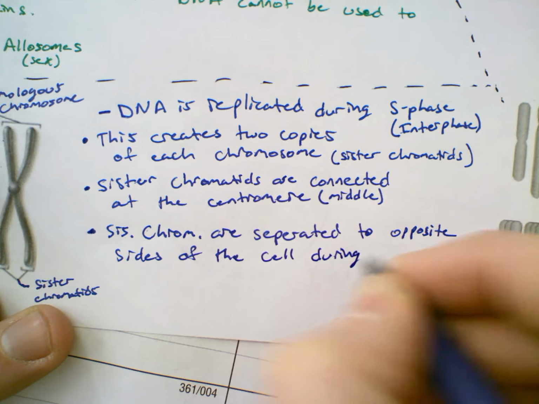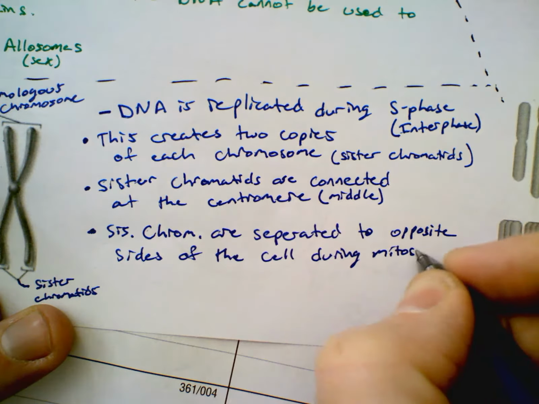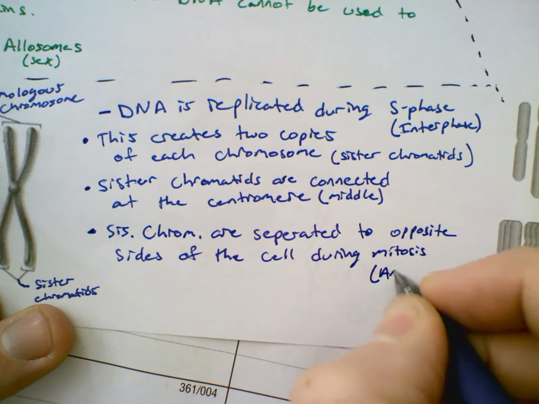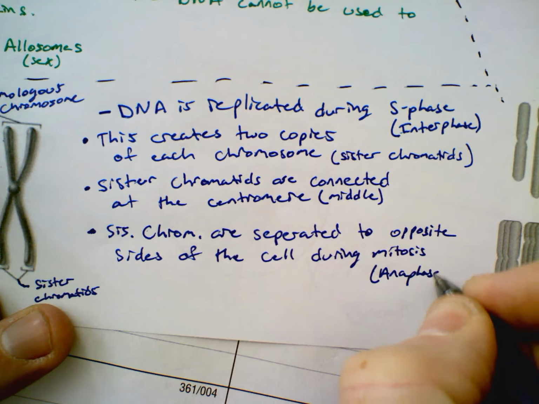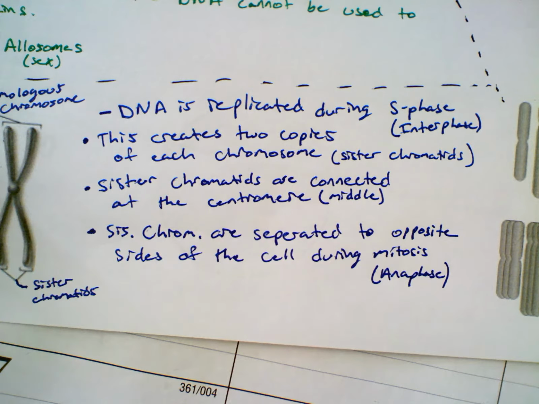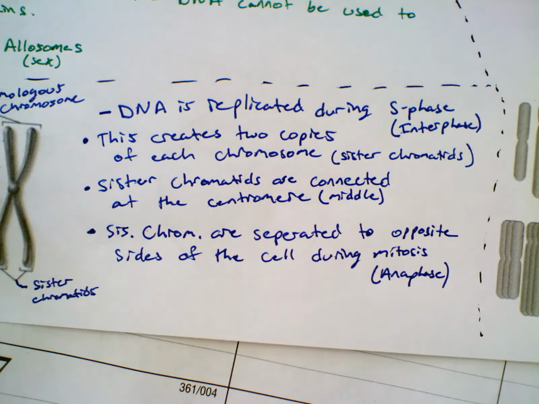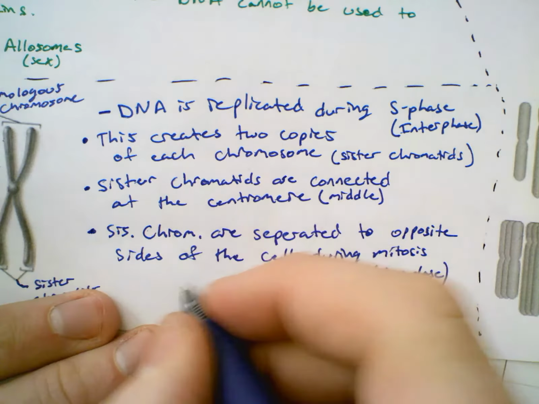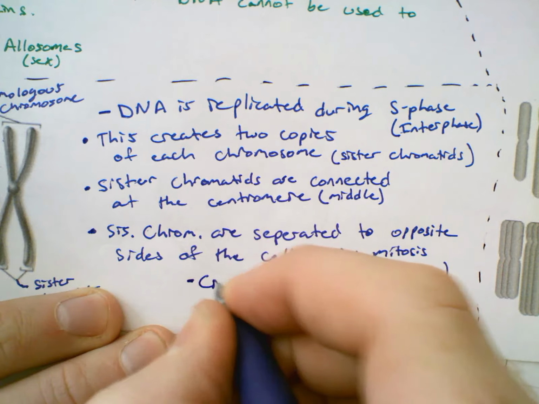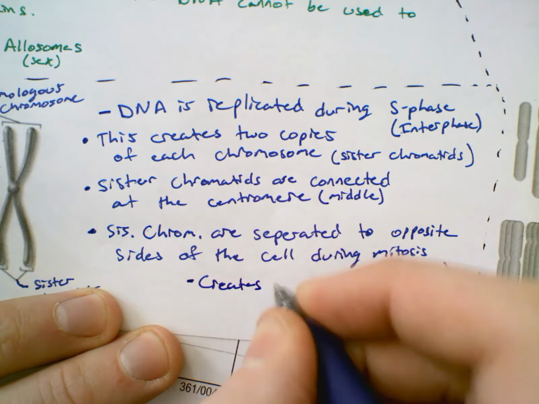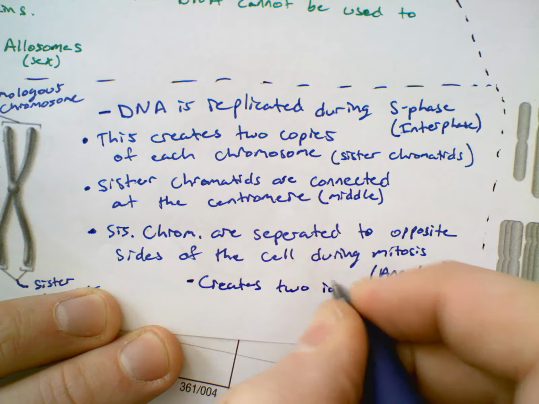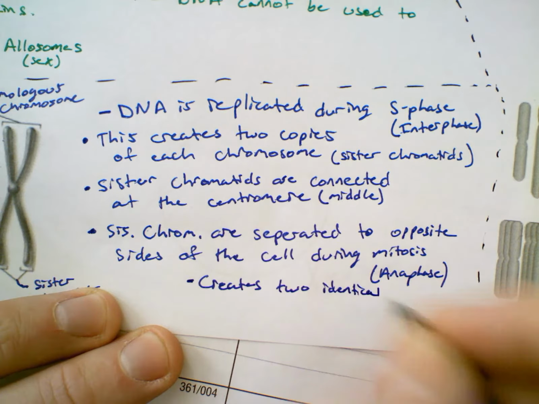During mitosis. Which phase of mitosis? Yeah, this is anaphase. Good. And when they get separated to 2 opposite sides, this creates 2 identical nuclei.